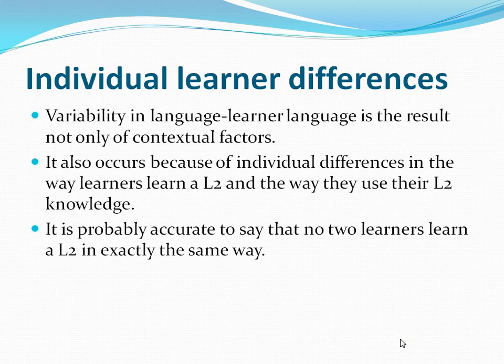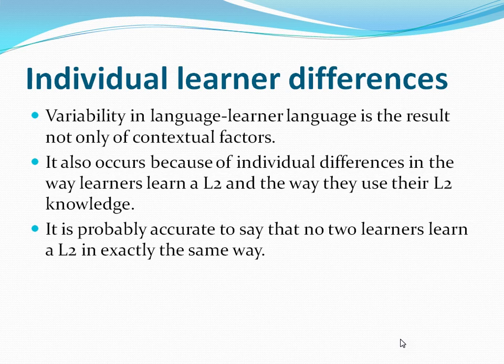That is their factor. That means according to the context. Context means in which situation you are learning. Apart from the contextual differences, there are some other differences. It occurs because of individual differences in the way learners learn L2 and the way they use their L2 knowledge.